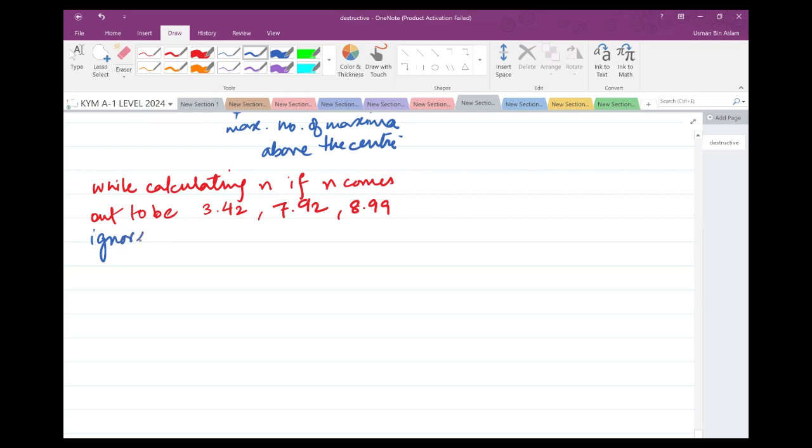Ignore the decimal values. Just use whole numbers.